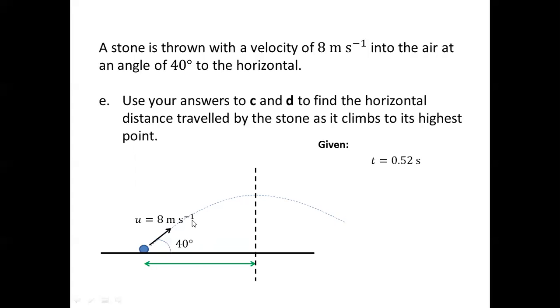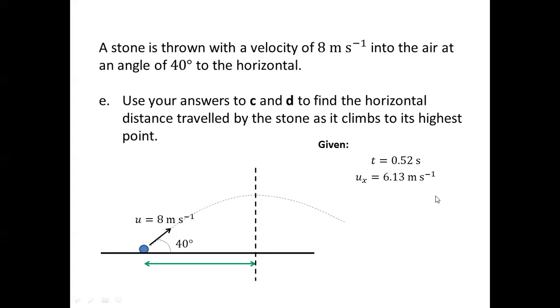Then in letter C, we have obtained that the time it takes for the stone to reach its highest point will be 0.52 seconds. That is also the same time it takes for the stone to travel this horizontal distance, because traveling this horizontal distance and reaching its highest point happens at the same time.